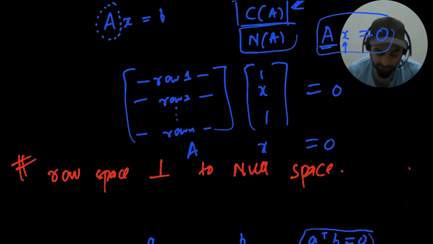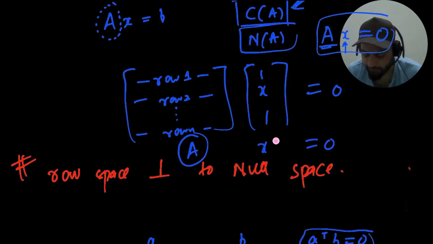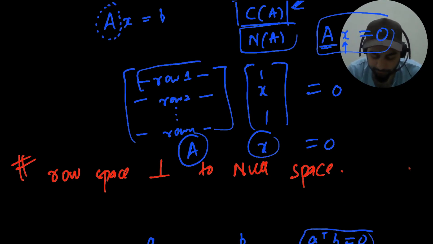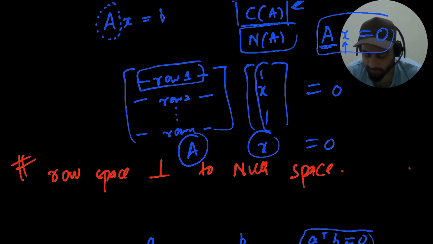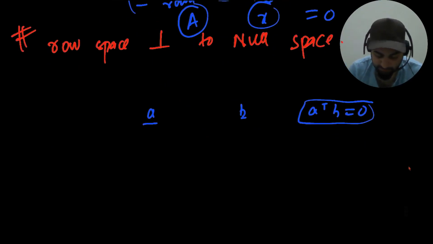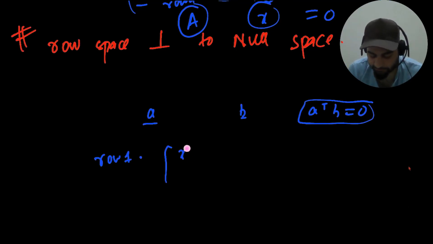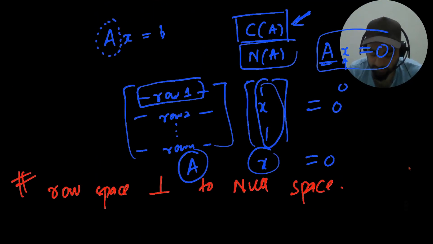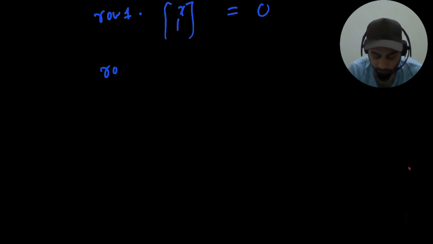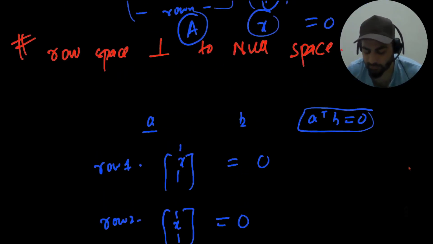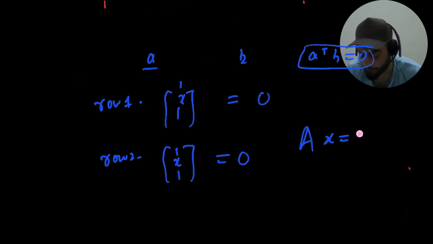So now I have this A and I have this x. You know that if I take this row 1 and multiply it with the whole x, I'll get the 0 entry. So that means row 1 multiplied by the whole of x will give me 0. So this row 1 is perpendicular to vectors x. Now if we multiply row 2 with this x, similarly this will be equal to 0, because that's what the equation Ax equal to b, or rather Ax equal to 0, is telling us.